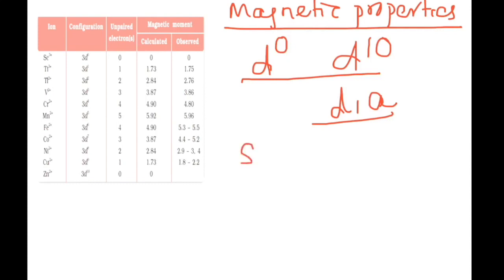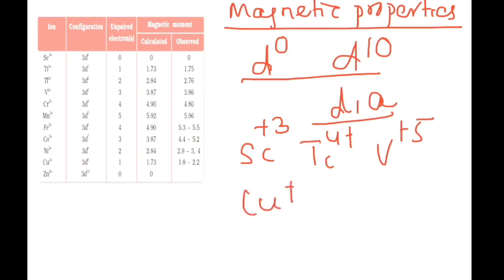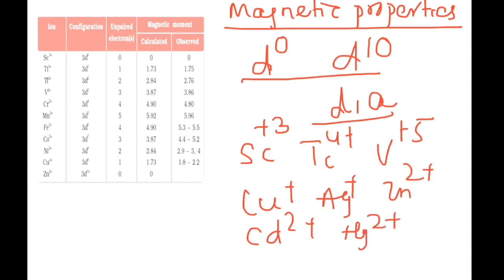For example, scandium 3 plus, titanium 4 plus, vanadium 5 plus, copper plus, silver plus, zinc 2 plus, cadmium 2 plus, mercury 2 plus. Such compounds are usually diamagnetic because they have d0 or d10 configuration.